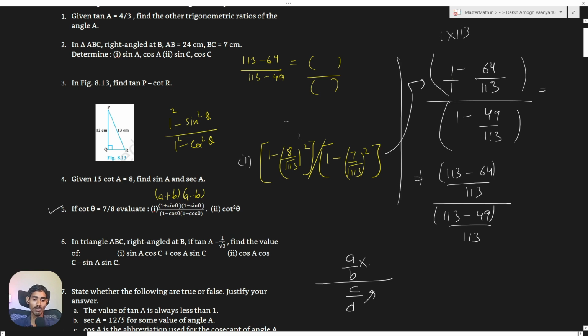We flip this and write D by C in front. So this would be 49 by 113, 64 by 113. Either you can remove like this, or you can write in front and then 113, 64 like this. That's how we get.